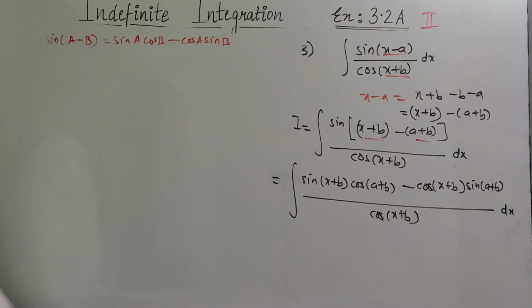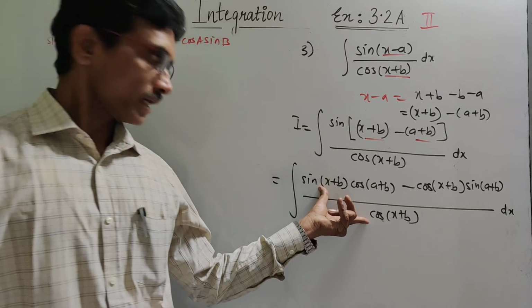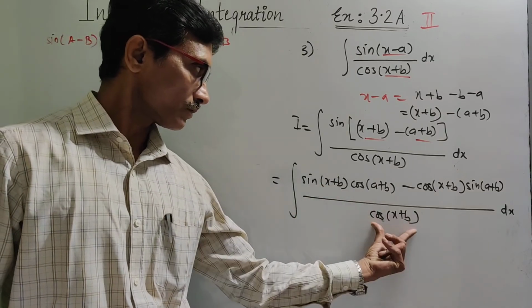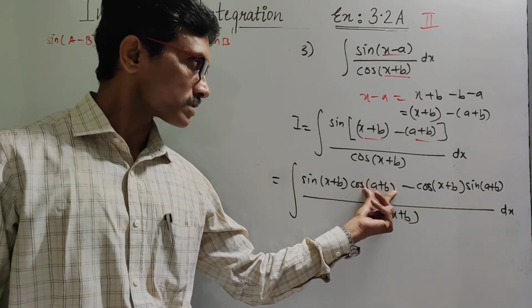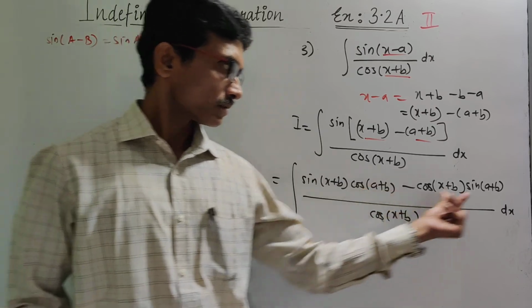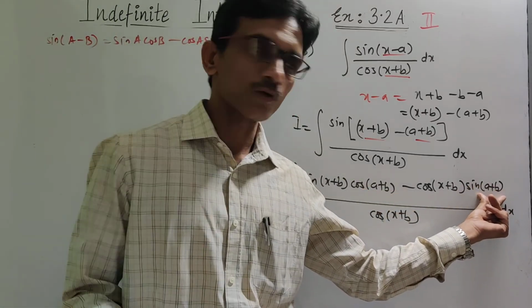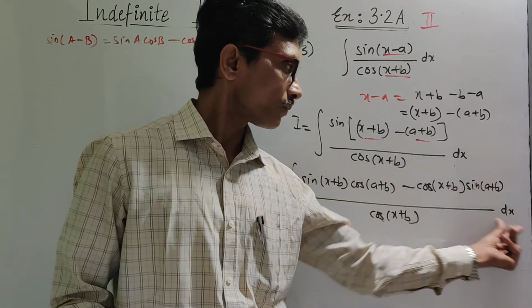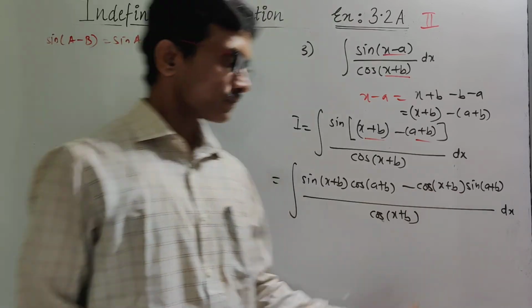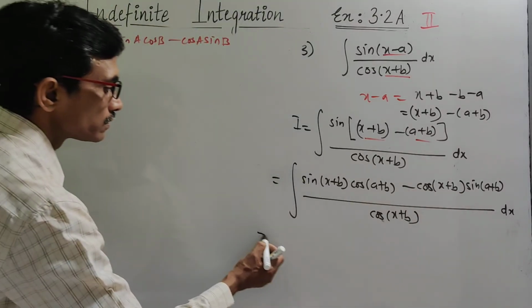So that here we divide by cos of (x plus b); cos of (a plus b) is constant, it is independent of x. Sin of (a plus b) will be again constant, which is independent of x. So just separate it.